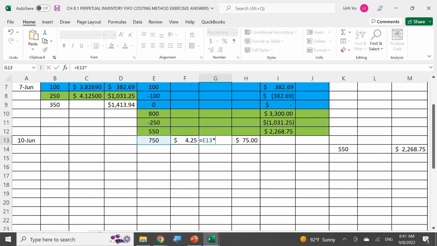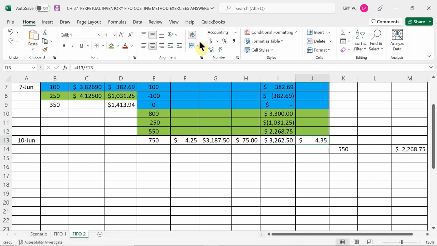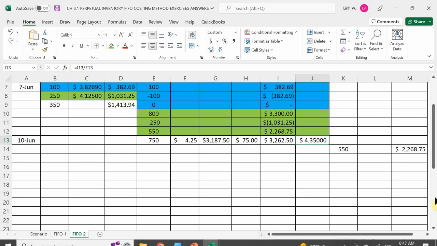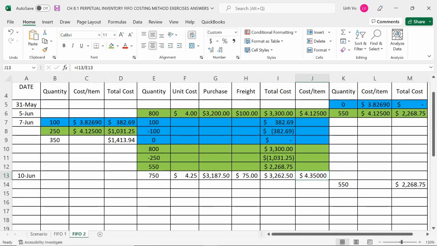What is my purchase price here? $3,187.50. Good. Plus $75 gives you a total cost of $3,262.50. Good. So that will give me a cost per item of $4.35.